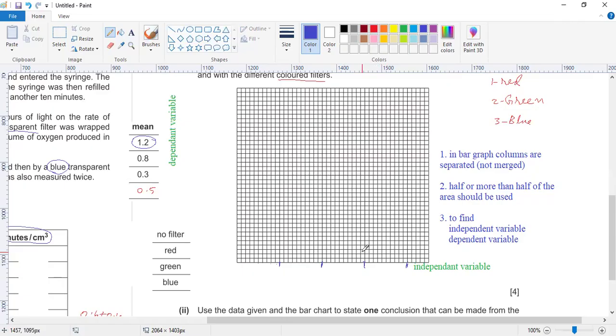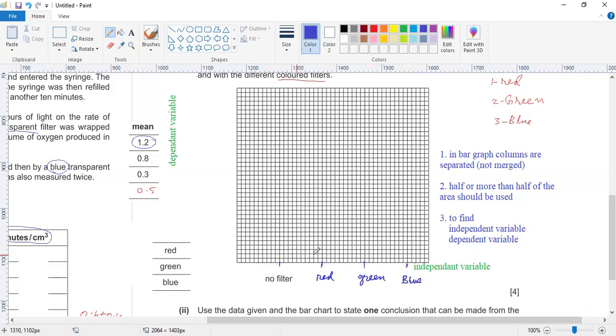For example, if you have to draw four bars, one is with no color, meaning no filter was there, another with red color, then green, and then blue.